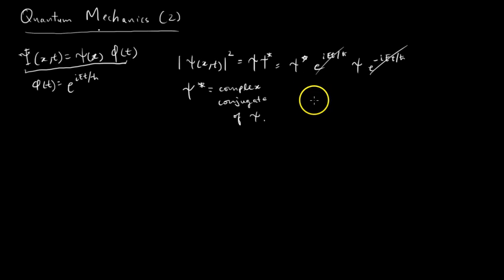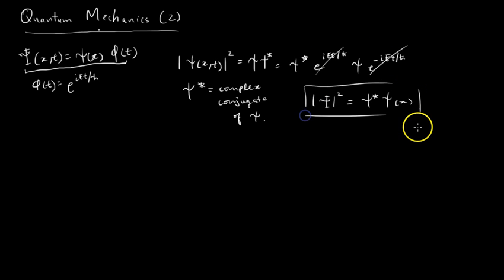So we're just left with the mod squared of psi, the original capital wave function, is equal to just psi star psi of x. So you can see this is pretty important, that the probability density mod squared is only dependent on space. It is not dependent on time.